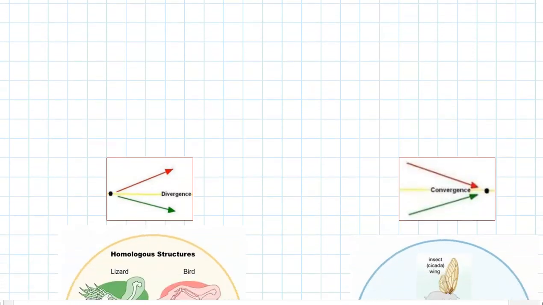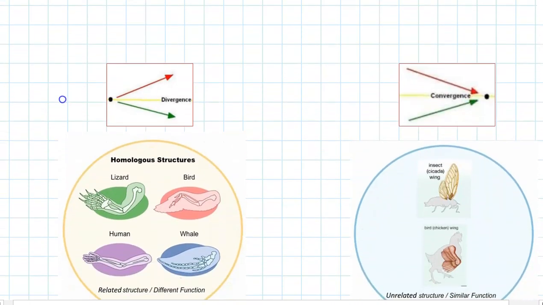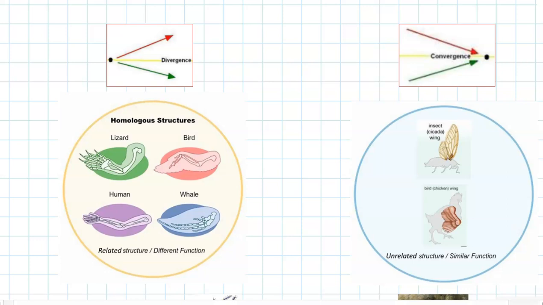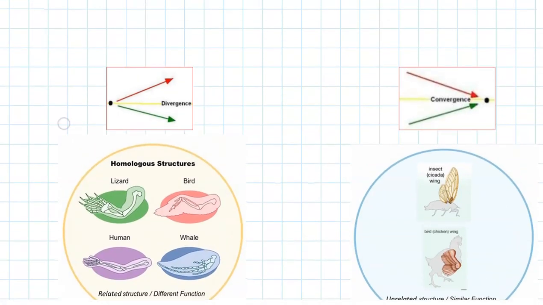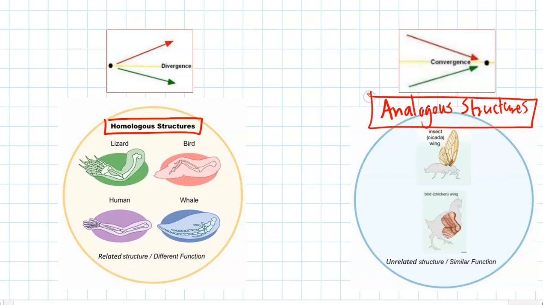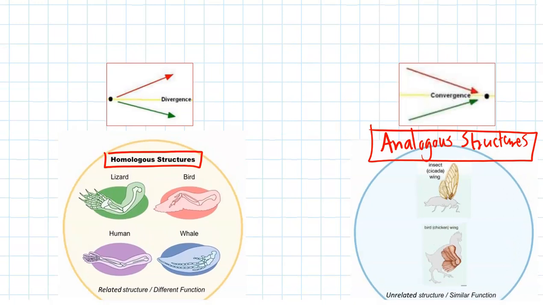Okay, well the next thing to look at is the kind of structures that these types of evolution cause. And so we're looking at two new words here. We're looking at homologous structures and analogous structures. And they each pair up with a type of evolution.